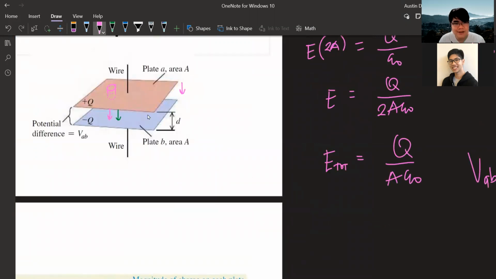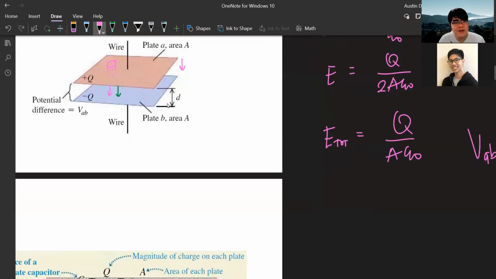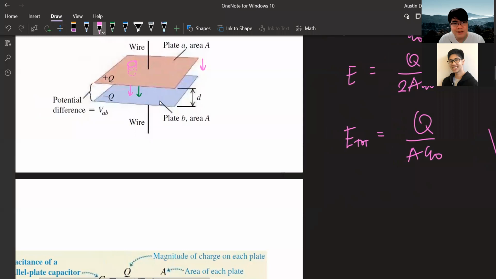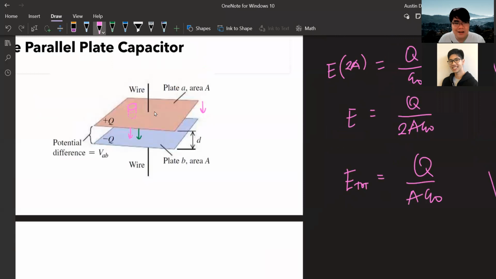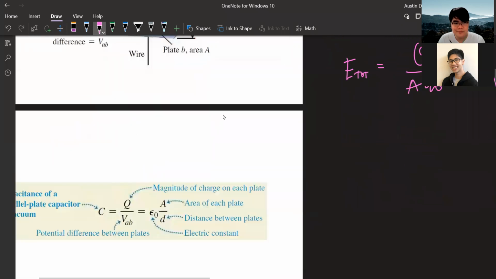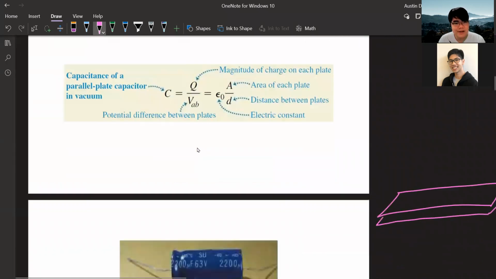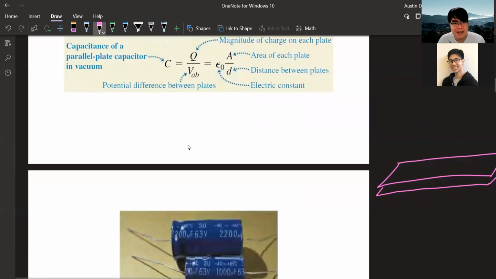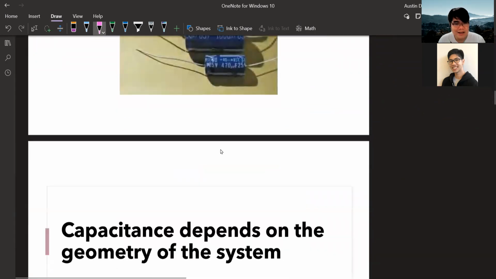It's used in microphones by using the vibrations from sound to manipulate the distance of these parallel plate capacitors. So when you sing into it, the plates also vibrate and their distance changes, therefore the capacitance changes, and so on. So those are some applications so we can appreciate what we're doing.